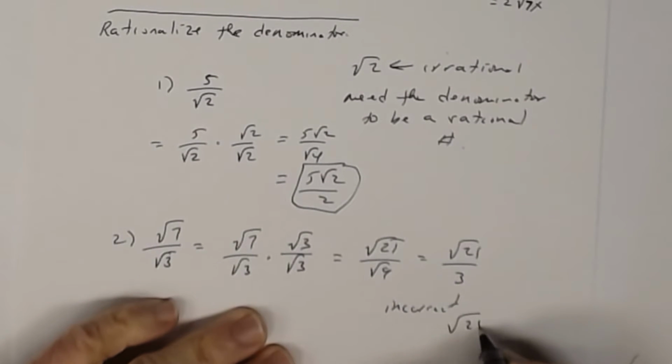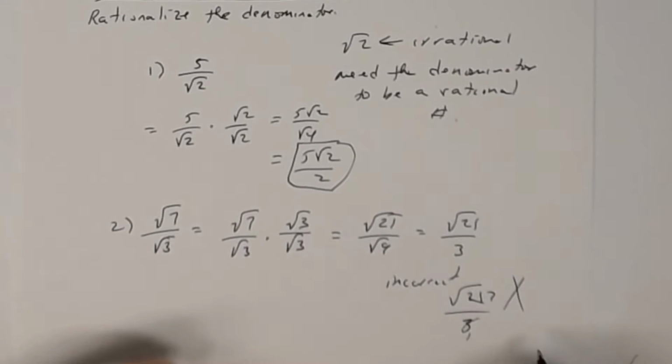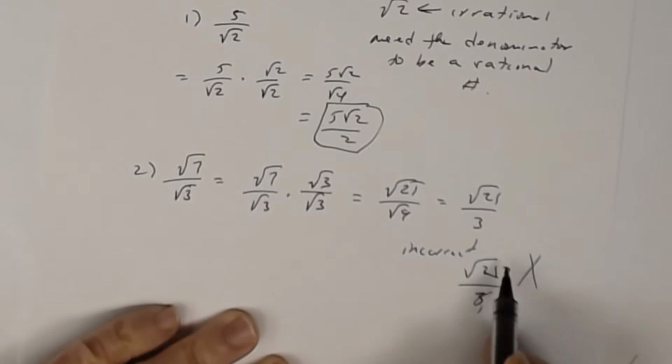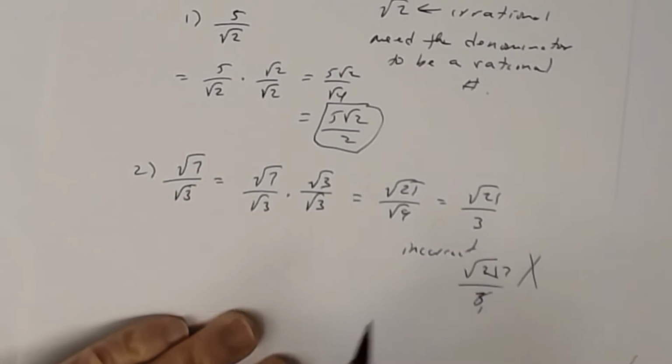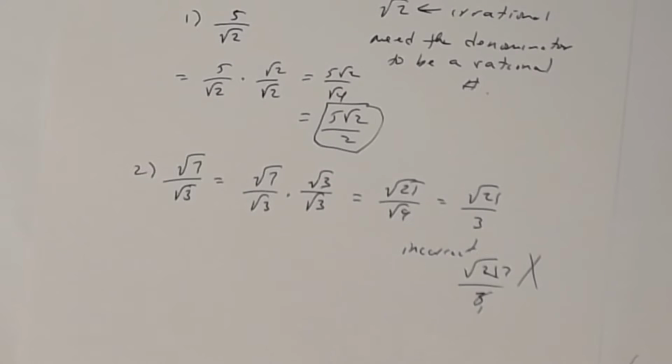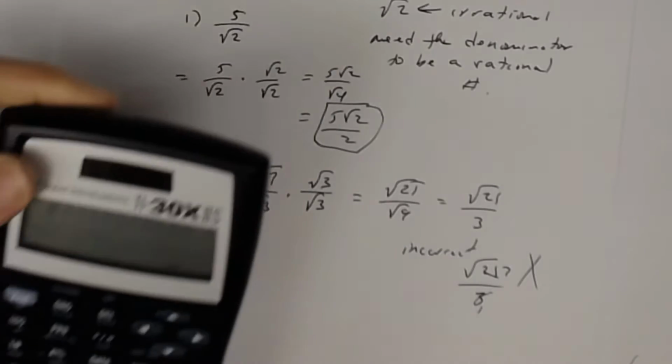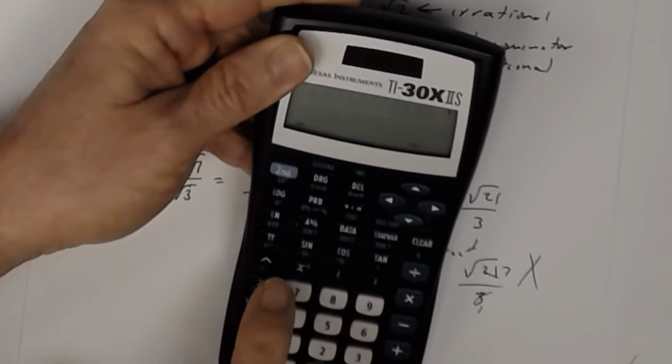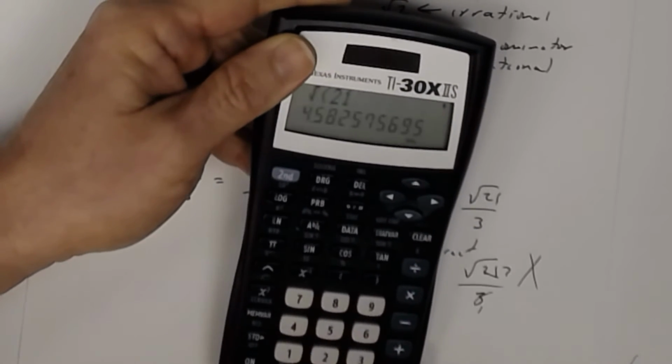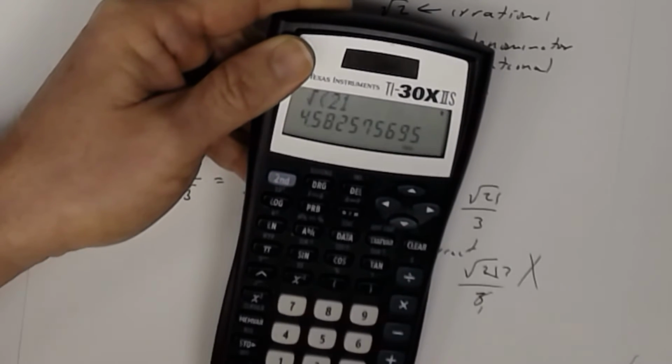So don't say that's 7. That's wrong, because that's not 21. That's the square root of 21. And if you take your calculator and take the square root of 21, you're going to see that it's approximately equal to 4.6.